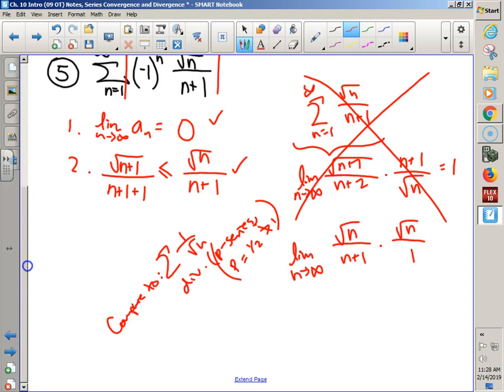I'm not even doing the whole direct comparison. I'm too lazy. But what happens to my degrees now? They're tied. Do I mind if the limit is 1 here? No, I prefer it. So now I can say, whatever one does, the other does. So therefore, not by ratio test, but by limit comparison test.